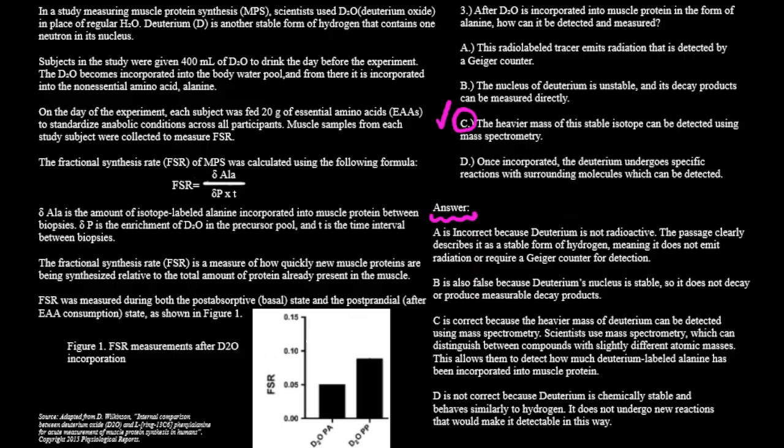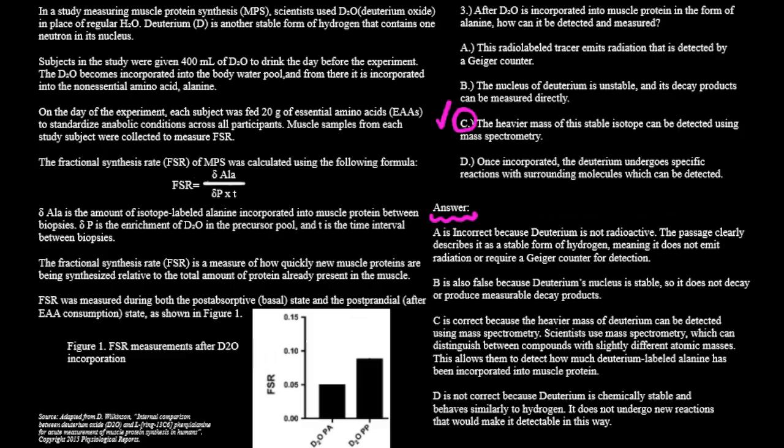Even if you do not know the exact method, you can use clues from the question stem and answer choices to reason your way to the correct answer. So, from the passage, you know that deuterium is an isotope of hydrogen. As an isotope, it contains one proton and one neutron, whereas atomic hydrogen contains only one proton.